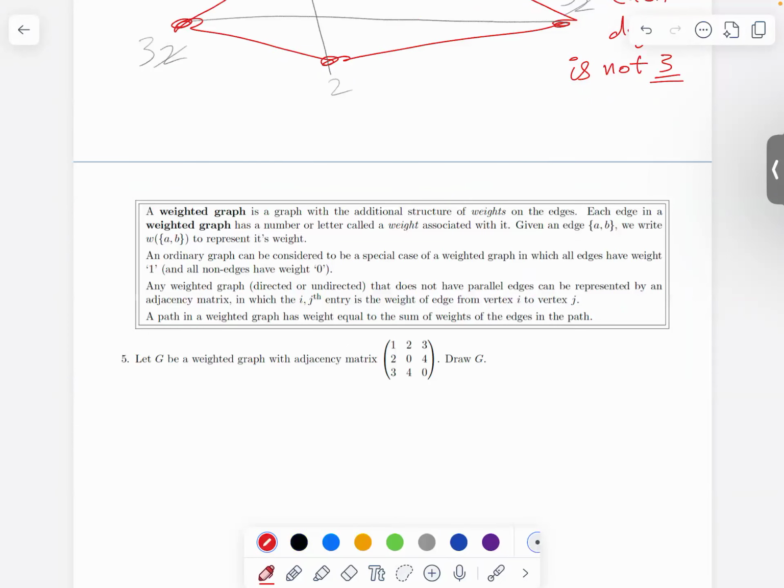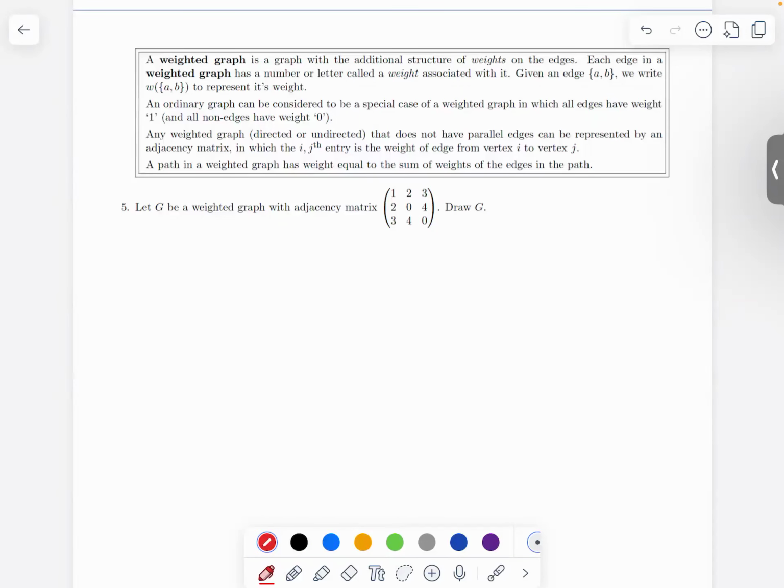We see that a weighted graph is a graph whose edges have an extra feature: every edge has some number or positive value, which is called a weight. So it's called a weighted graph.